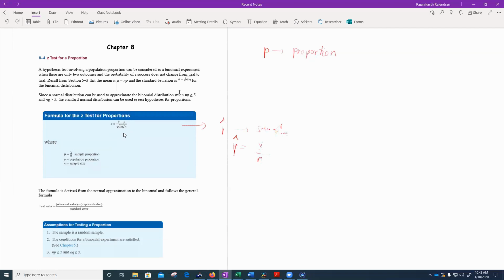So let's see who's telling. What is here x? Remember under the proportion, what kind of distribution does this x have? What is the distribution for this x we have under the proportion?